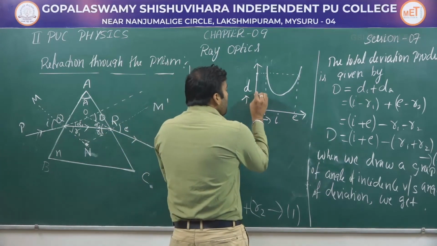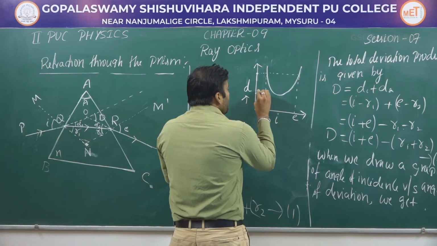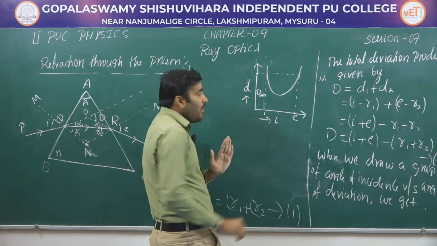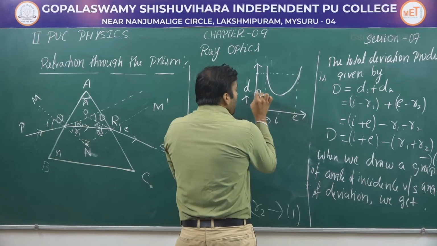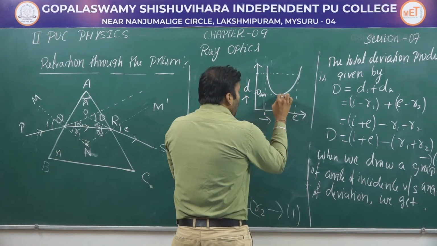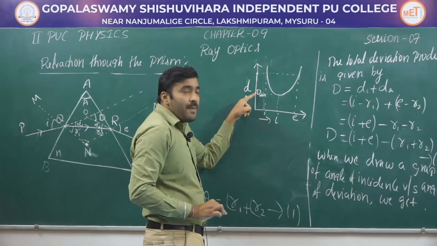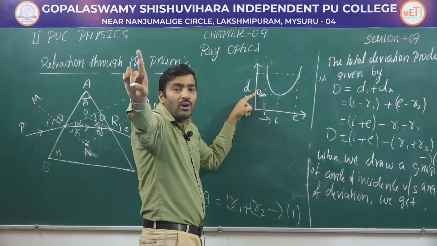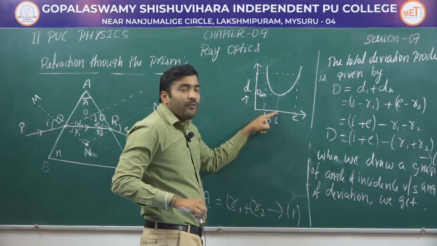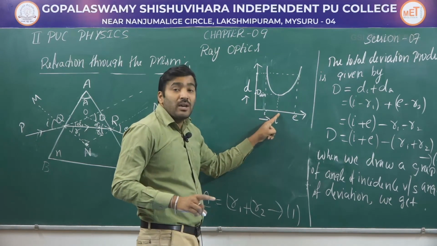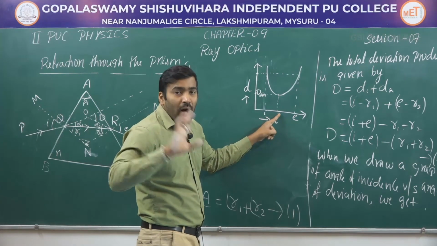But when the deviation is minimum, let me say this is D minimum. So for this D minimum, we get only one value of angle of incidence, correct? So for the minimum deviation, we will be getting only one value for angle of incidence, which means angle of incidence and angle of emergence become the same. It has only one value.